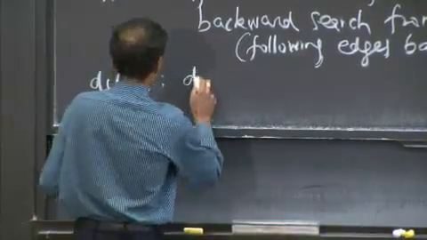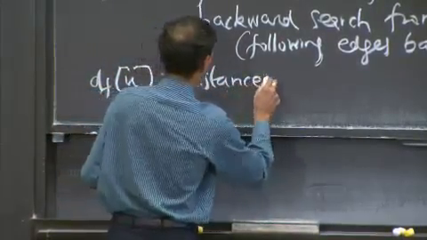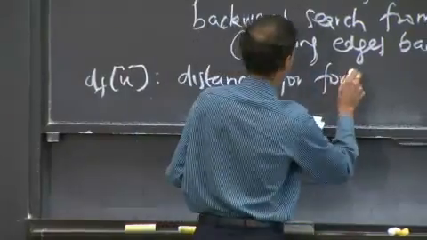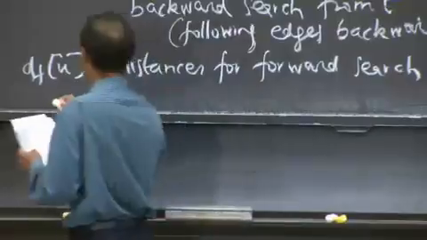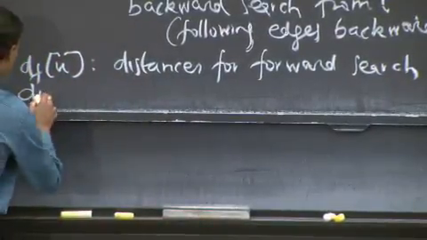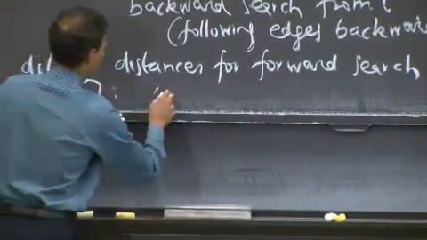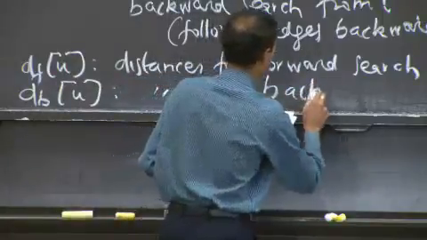D_F of U corresponds to the distances for the forward search, and D_B of U corresponds to the distances for the backward search.